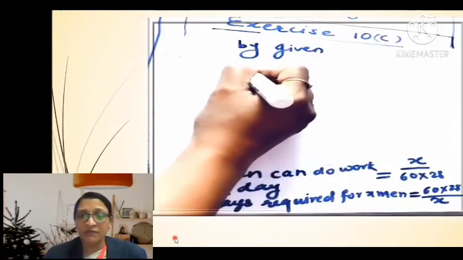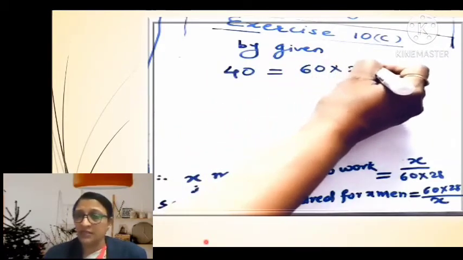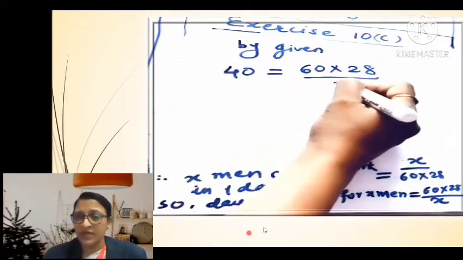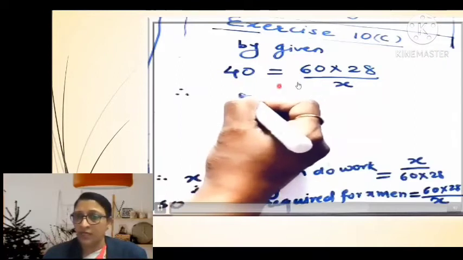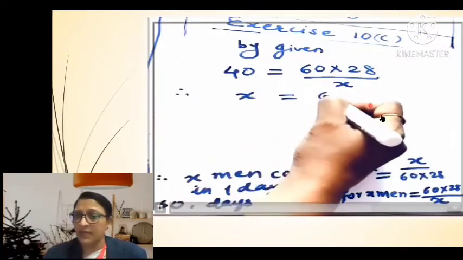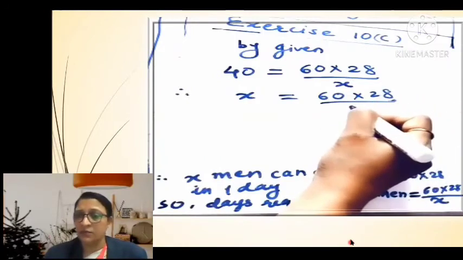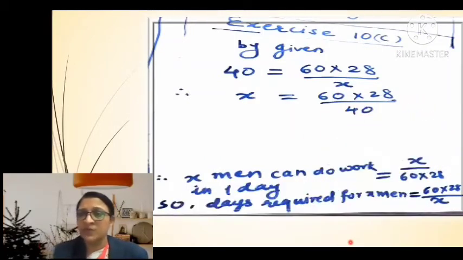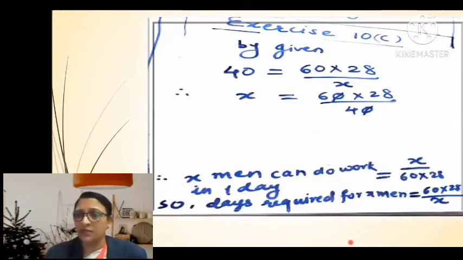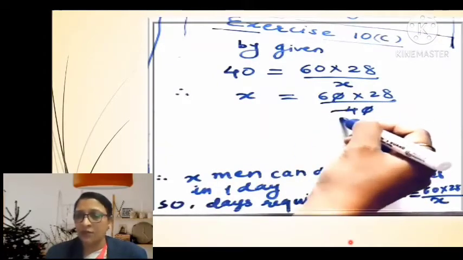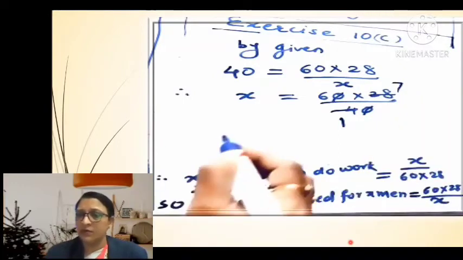As per the given information, we know that the number of days is equal to 40. So we will write down 40 is equal to 60 multiplied by 28 upon X. So X is equal to, we will transpose X and 40, so 60 multiplied by 28 upon 40. 0, 0 cancel. 4 ones are 4, 4 sevens are 28.